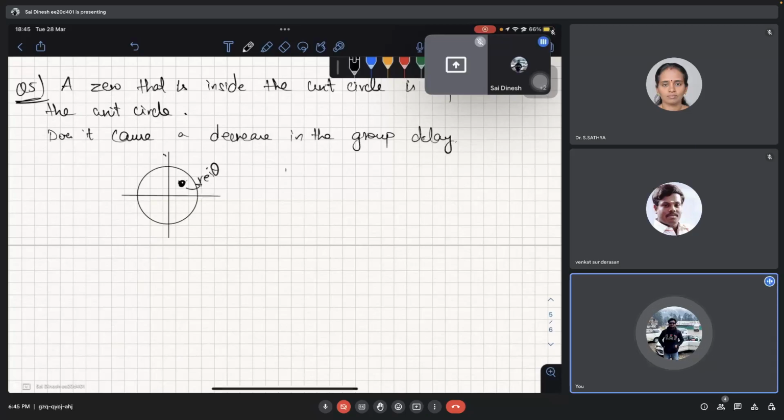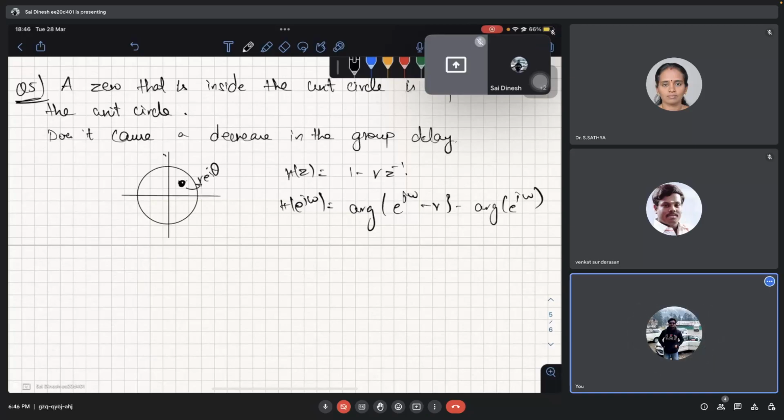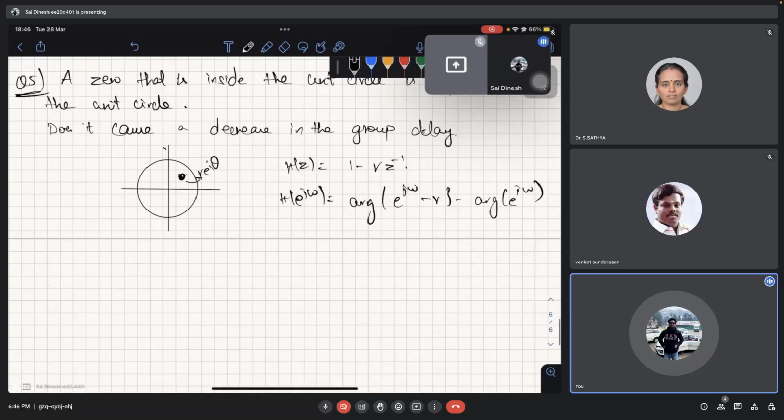So H(z) will be 1 minus r z inverse. The phase of H(e^{j omega}) will be arg of e^{j omega} minus r minus arg of e^{j omega}. And then we need to find the group delay.